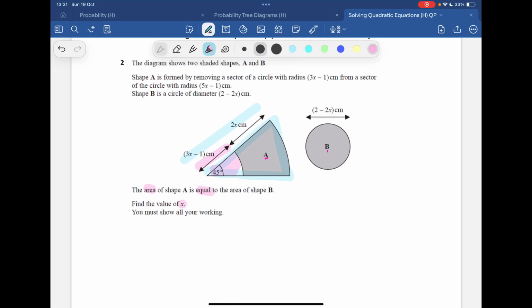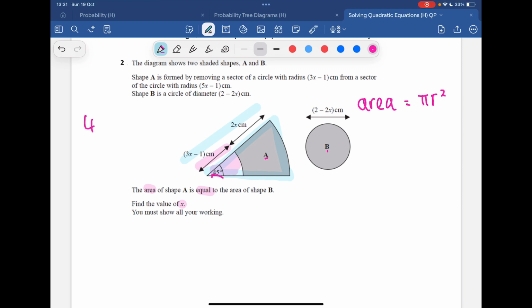So we again just start with what we know. We know that the area of a circle is equal to pi r squared, and we mightn't know the area of a sector, but we know that a sector is some fraction of a circle. If we slot loads of these around each other, they will make up a circle. So, do we know what fraction of the circle this sector is? Yeah, we've been given this angle.